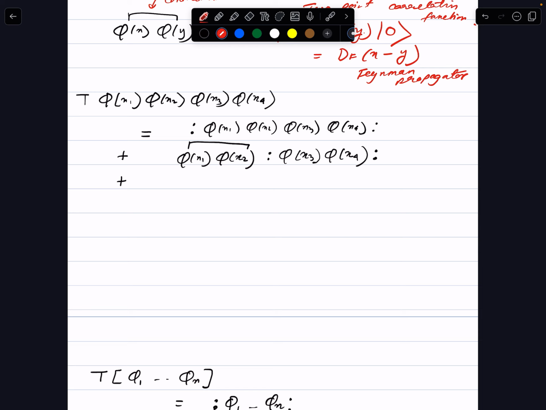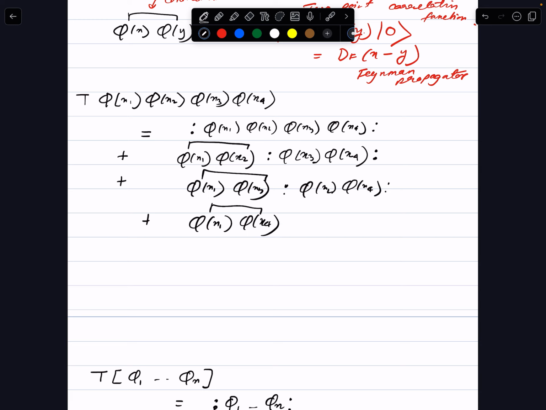So what else can I take? I could have phi x1, x3 contracted, and normal order of the remaining 2, x2, x4. I could have phi x1, x4 contracted, and I have phi x2, x3.